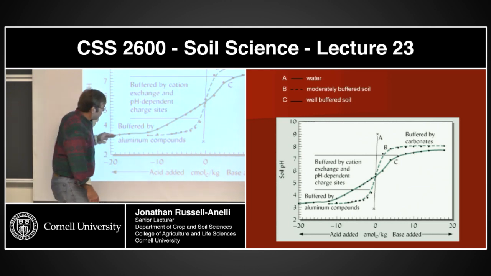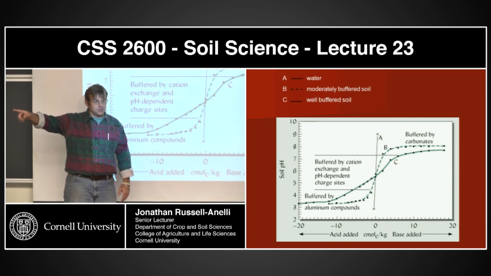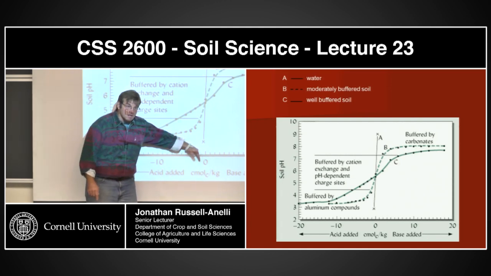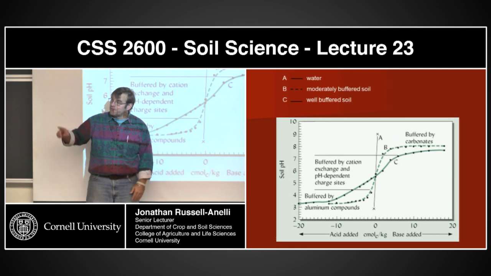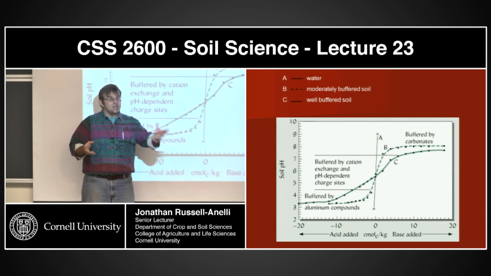Okay, so if I have a well-buffered soil here, high CEC, high base saturation, and I start adding protons to it, I'm going to have a very slow response pH-wise. Because for every proton I throw in there, I'm potentially going to get a base bouncing off, which means it's in a sense neutralizing that acid. It's a base cation, right?